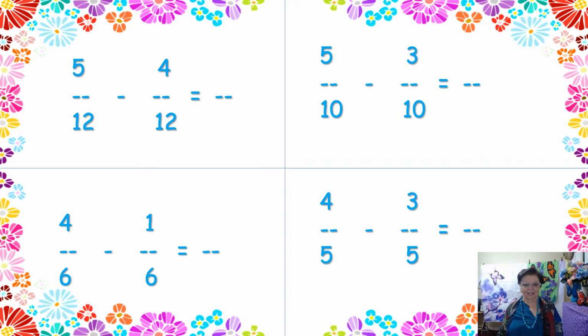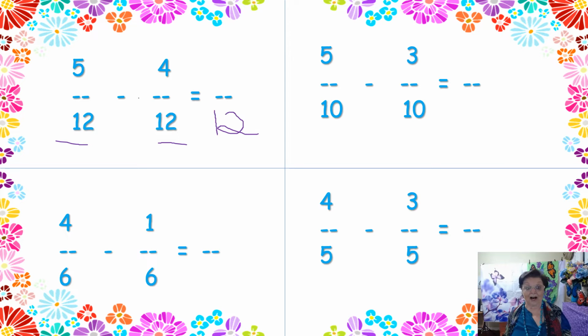Let's look at another one. Oh, we have some more like denominators. I'm going to wait and see if you can find the answer before I write it down. I'm going to give you a few seconds. What's the denominator going to be? That's right, 12.